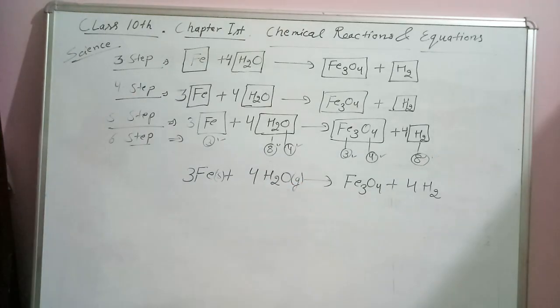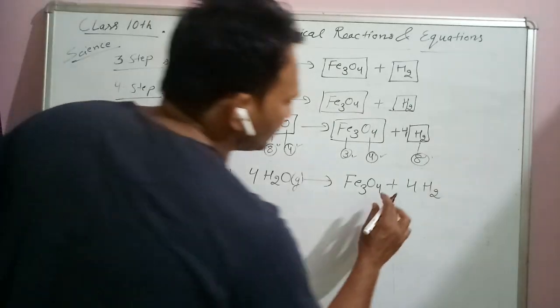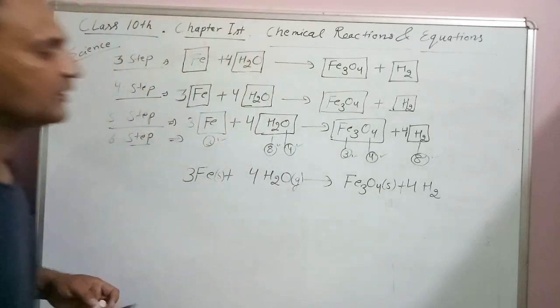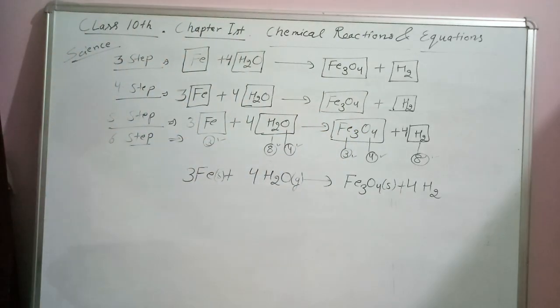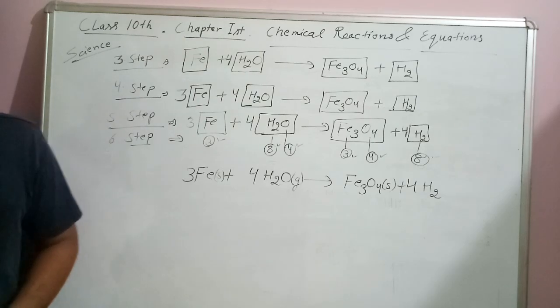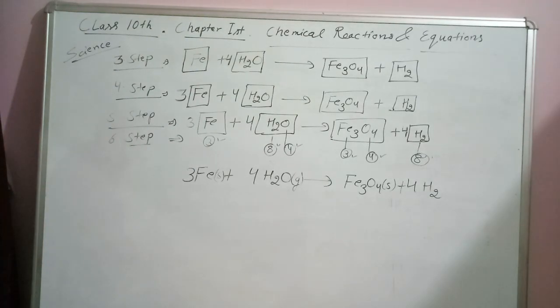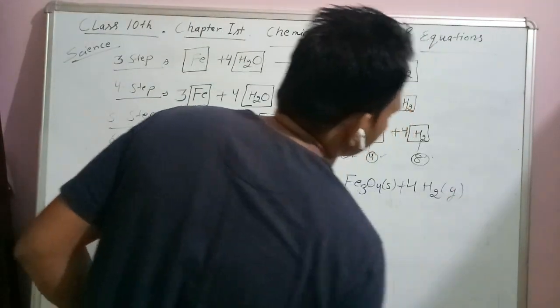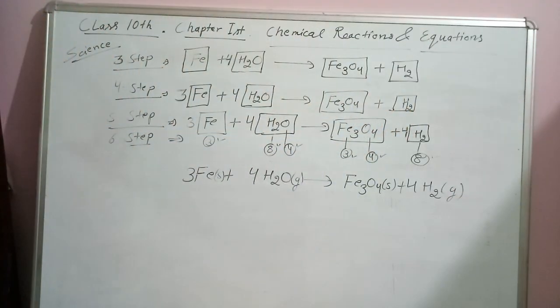Fe3O4 is formed as a solid, so we write a small s for the solid in brackets after the Fe3O4. Then the hydrogen is in the form of gas here, so we write a small g after the H2.